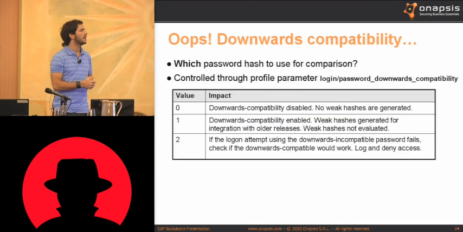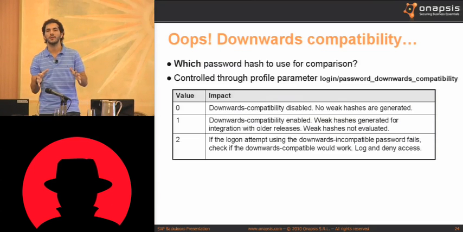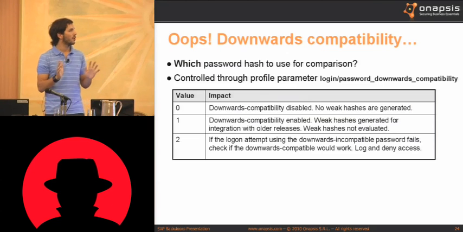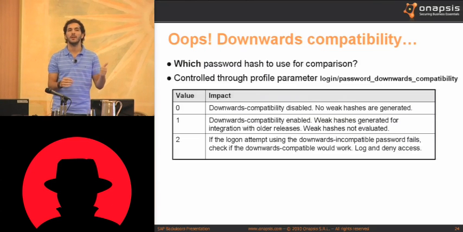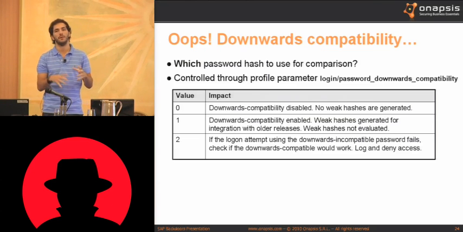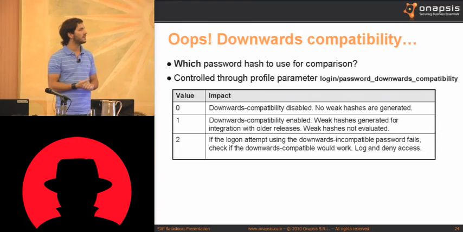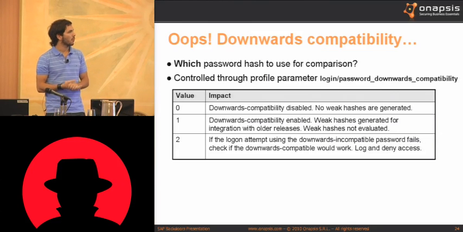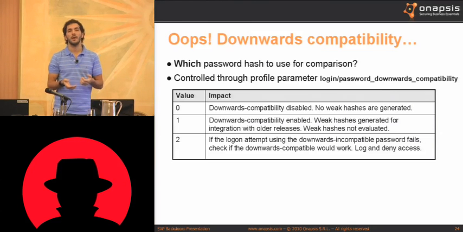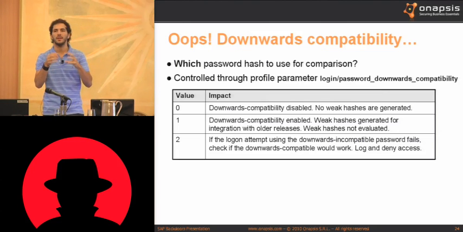Value 0 means there is no downwards compatibility, so no weak hashes are generated. This is actually a secure setting that you should use if you are not integrating with old systems. The default value, 1, means that downward compatibility is enabled, and weak hashes are generated but are not evaluated. They are only used by some internal interfaces.